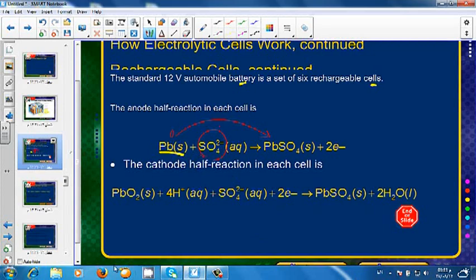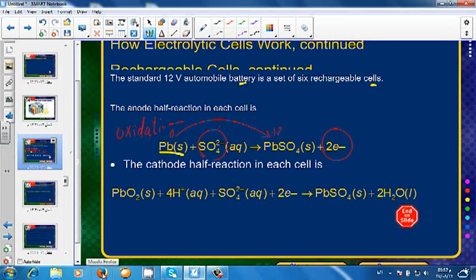Here the oxidation state is 0, here the oxidation state is positive 2, and they combine with the sulfate ions here, and 2 electrons are released. We consider this process, the release or loss of electrons, oxidation, which is the anode half reaction.